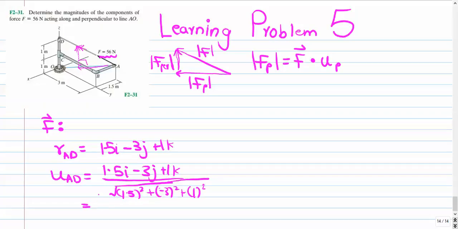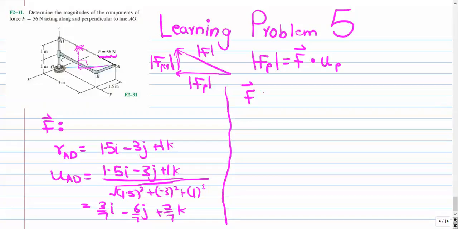And so the answer that we end up with is 3 by 7i minus 6 by 7j plus 2 by 7k. Alright, and finally we can get the force vector F by just multiplying this unit vector by the magnitude of the force.